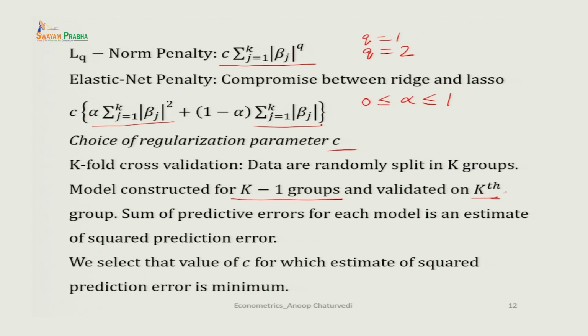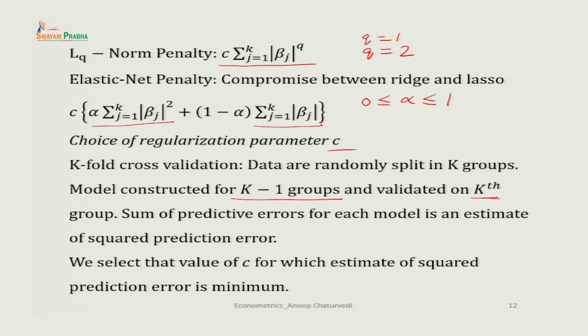Then you have some kind of prediction error. You know the actual values of y, you know the predicted values of y based on observations on these k minus 1 groups. And then you can repeat this process. You include this group here and then you take one more group from here and validate the model on that group.